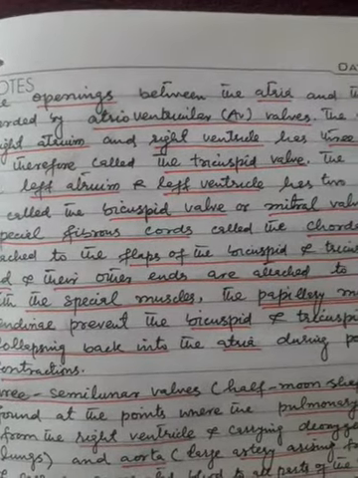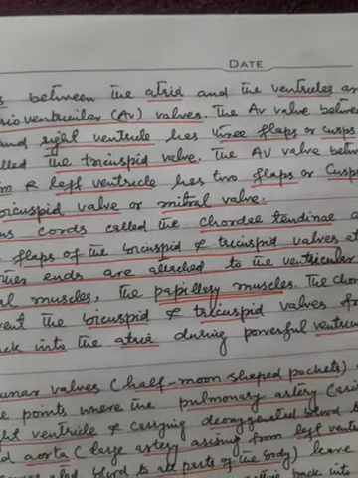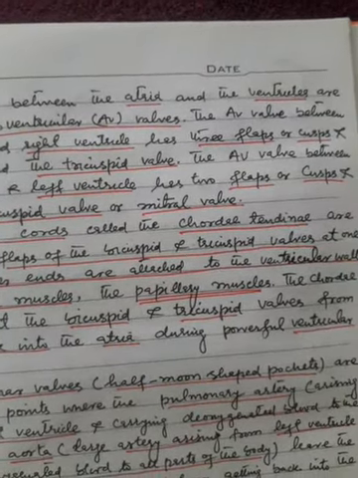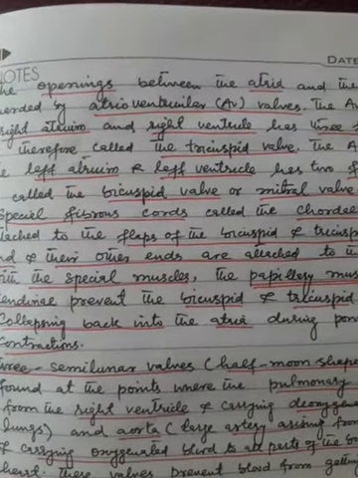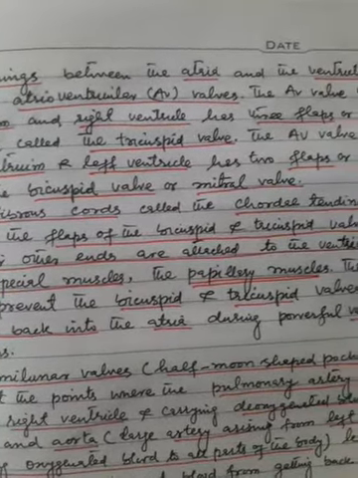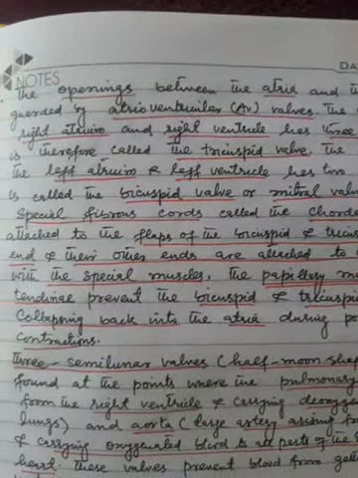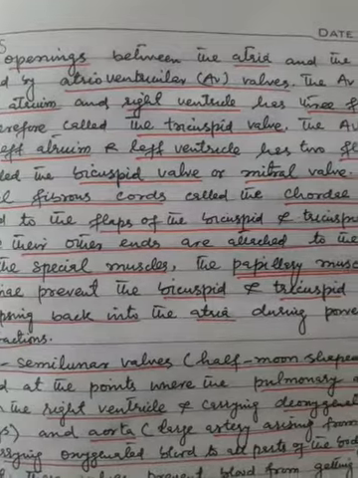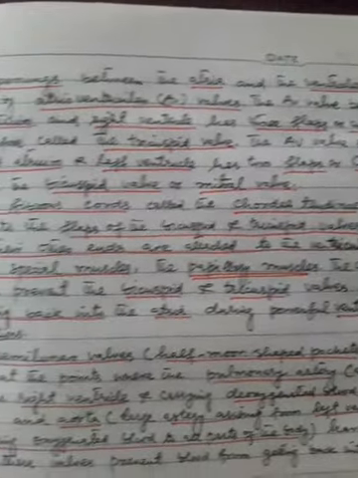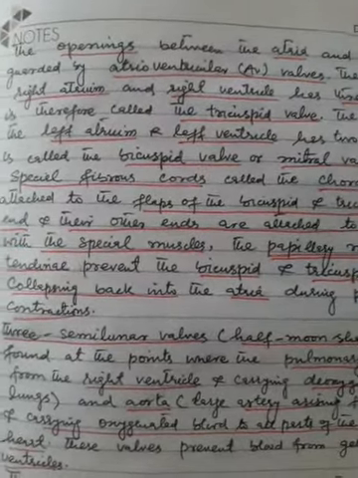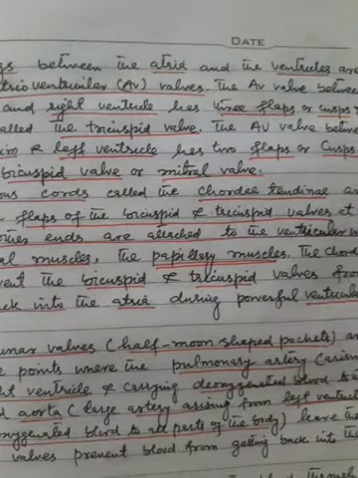Special fibrous cords called chordae tendineae are attached to the flaps of the bicuspid and tricuspid valves at one end, and their other ends are attached to the ventricular wall with special muscles, the papillary muscles.